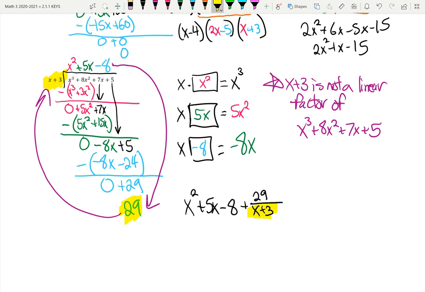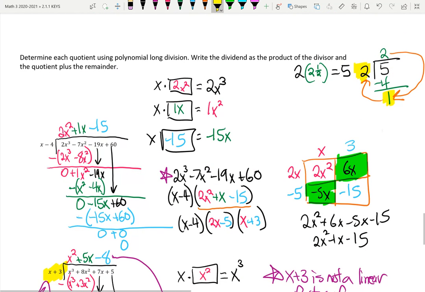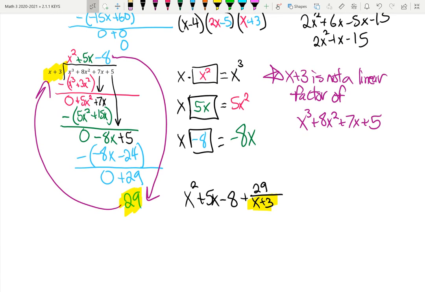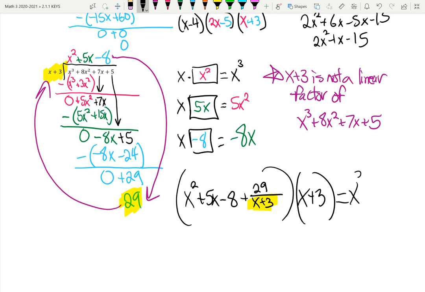Even though it's a fraction with a variable, it is no different than up above getting 2.5. So this, my quotient multiplied by my divisor, will produce the original guy. This is what you're trying to take away from this section.